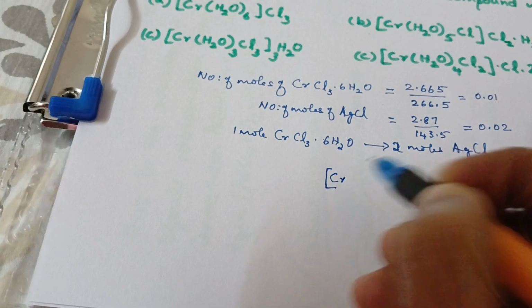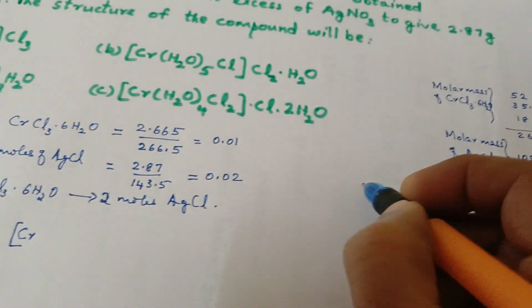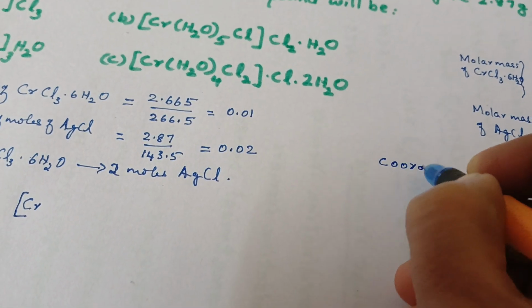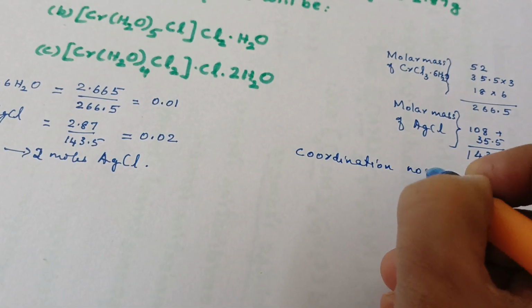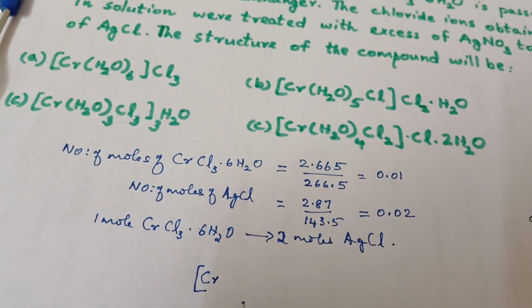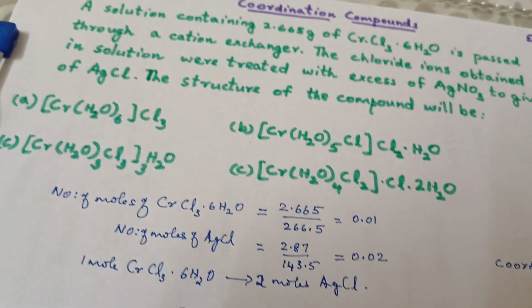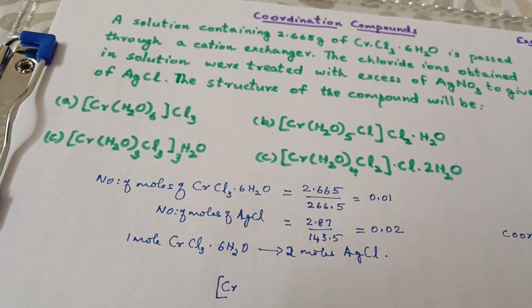Chromium is the central metal atom. Now, typically, chromium's coordination number is 6. So chromium can have 6 ligands inside its coordination sphere.